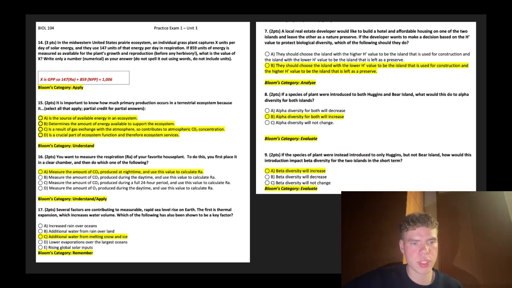All right, 14. In a Midwestern United States prairie ecosystem, an individual grass plant captures X units of solar energy, and so on. If 858 units of energy are measured, what is X?